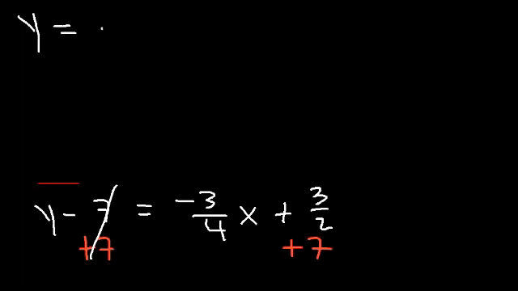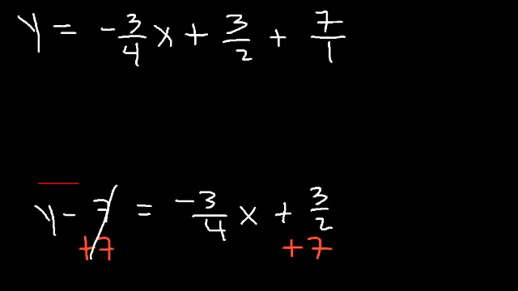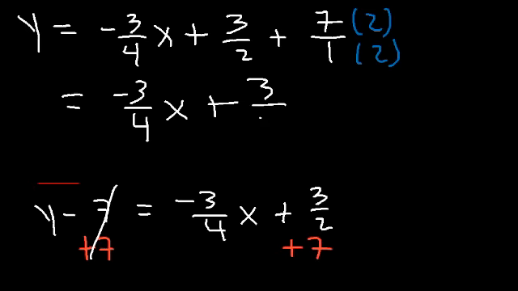So we have y is equal to negative 3 over 4x plus 3 over 2 plus 7. 7 is the same as 7 over 1. So what we need to do is get common denominators to add 3 over 2 with 7. So let's multiply 7 by 2 over 2. So we have negative 3 over 4x plus 3 over 2 plus 7 times 2 is 14, so 14 over 2.